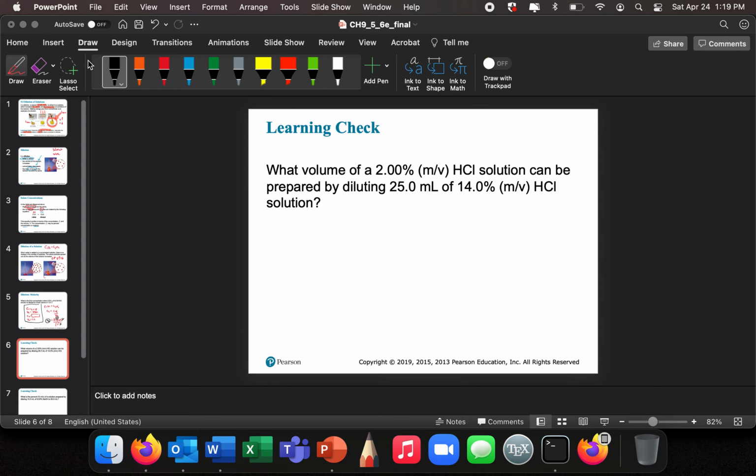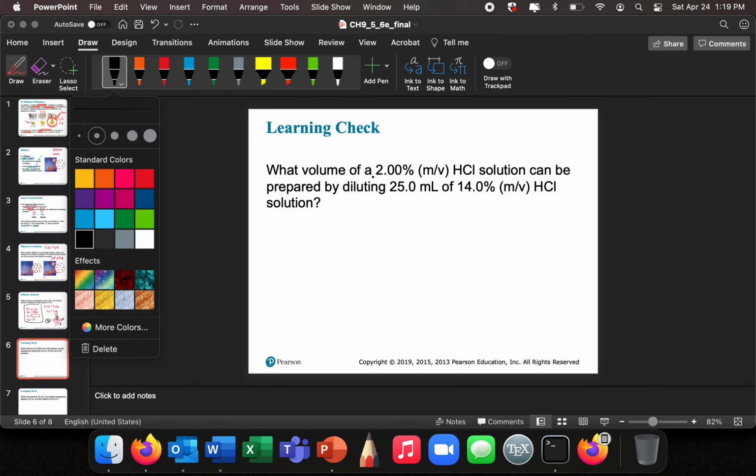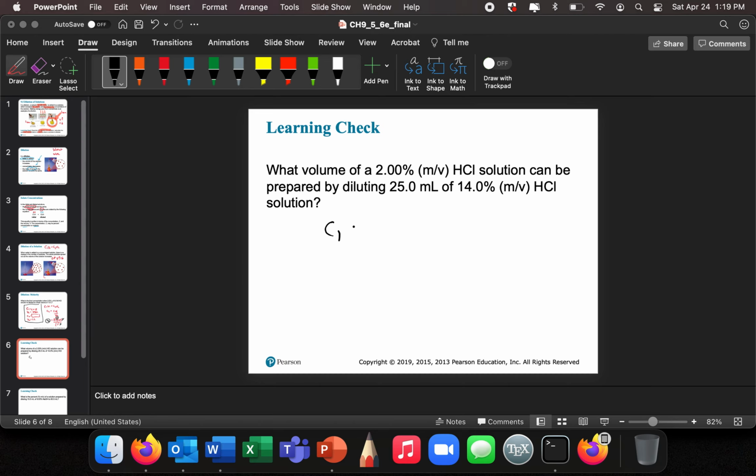Okay, so I'm going to suppose you paused it. What volume? So it looks like C1V1 is equal to C2V2.